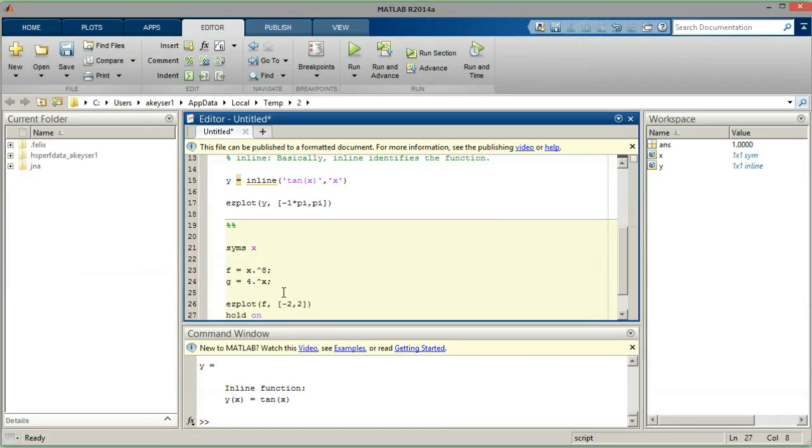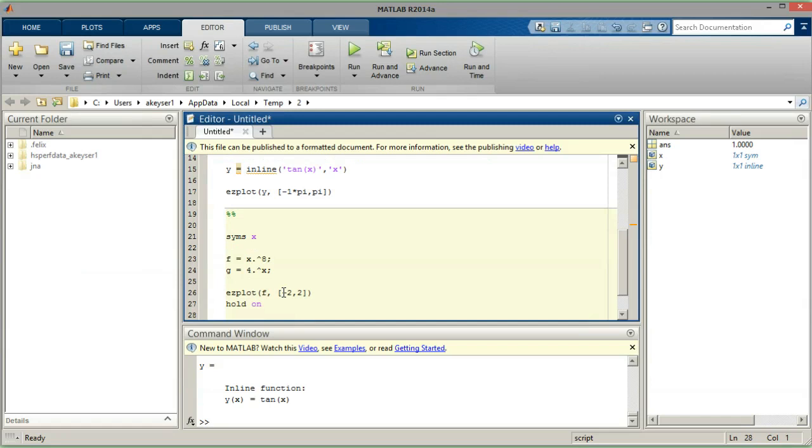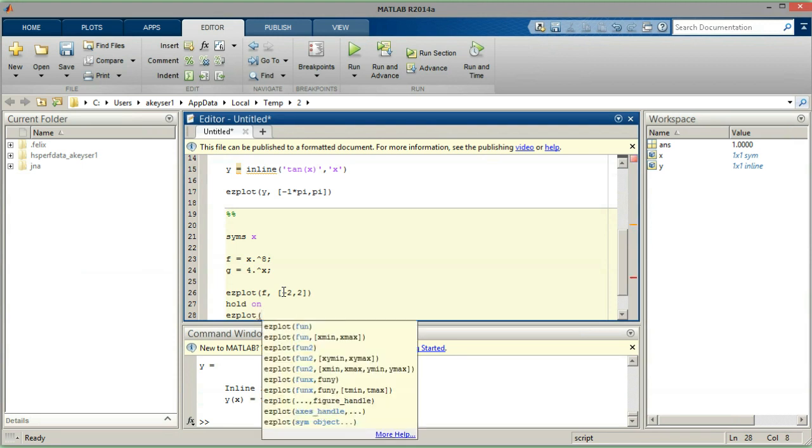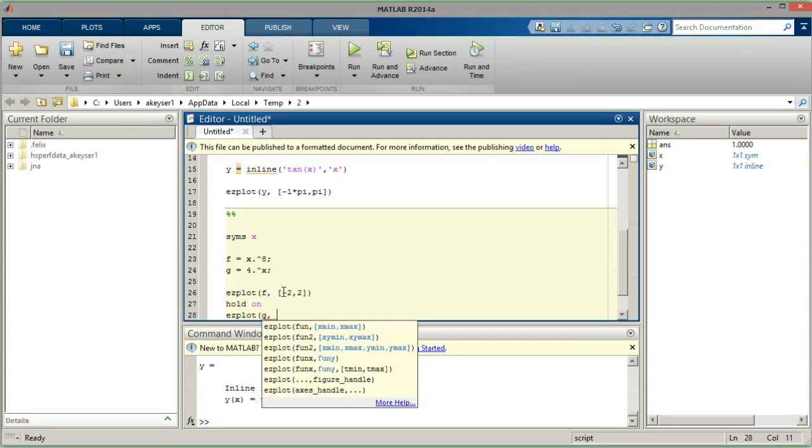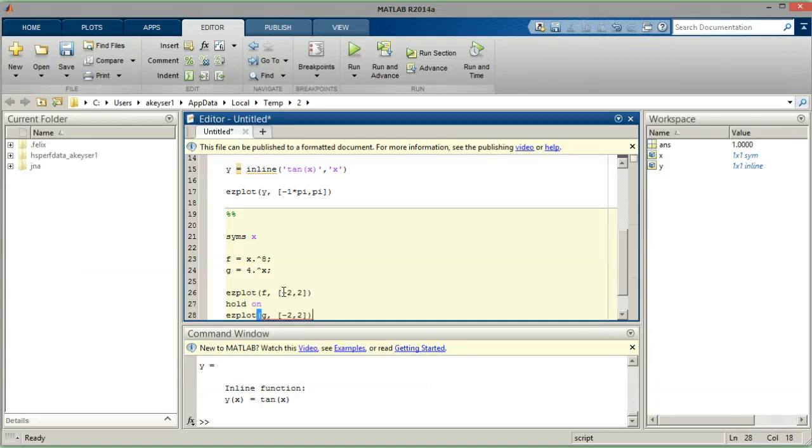So you're going to put hold on, and then you're going to tell the computer to plot the next function. You're saying now plot g, but plot it on the same plane. And we want it on the same interval as well. Here.